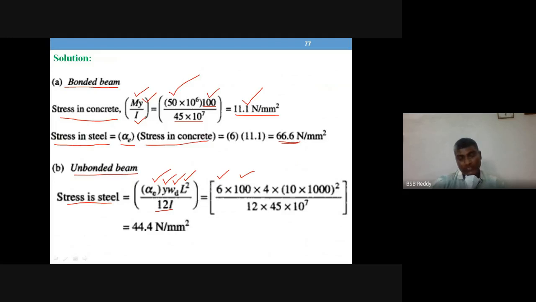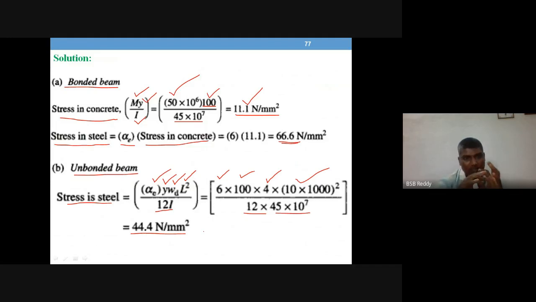Y is the location of steel from the CG of concrete, and W, that means total load, is 4. L square, L is 10 meters converted into mm square. 12 times I value 45 into 10 power 7. So this is 44.4 Newton per mm square.